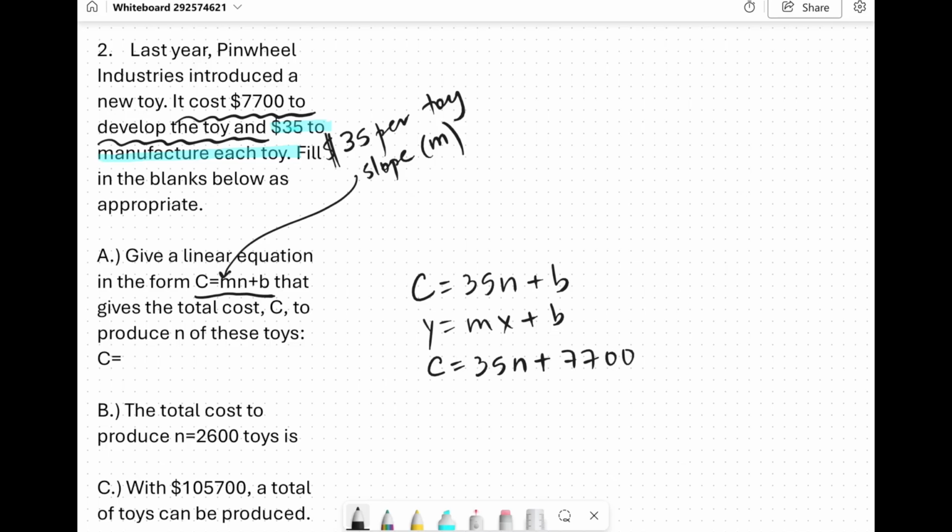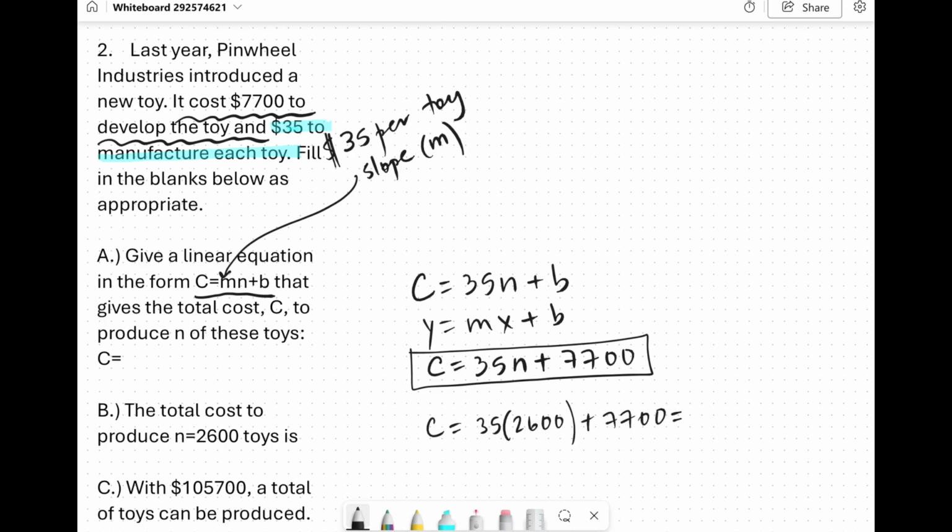Part B says the total cost to produce 2,600 toys is. So to answer that question, you will use the equation that you just wrote, and you will replace n in that equation with 2,600. So C equals 35 times 2,600 plus 7,700, which is $98,700.